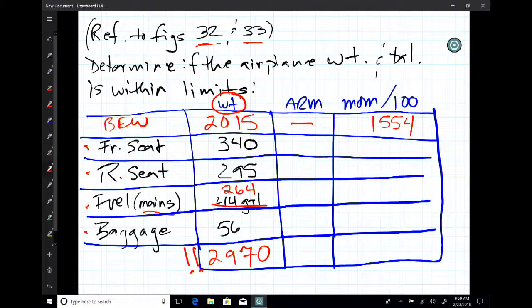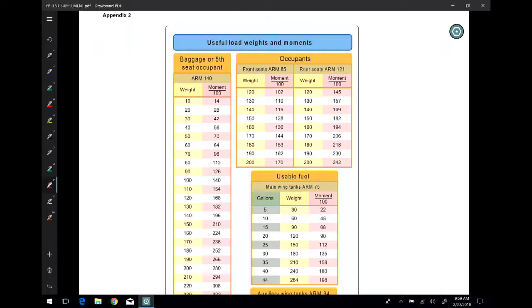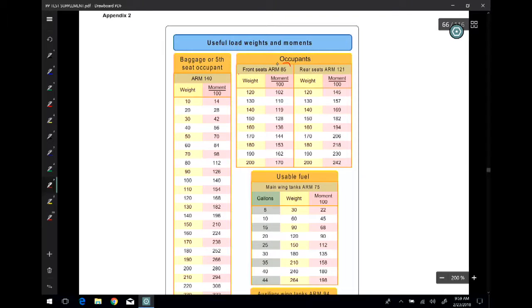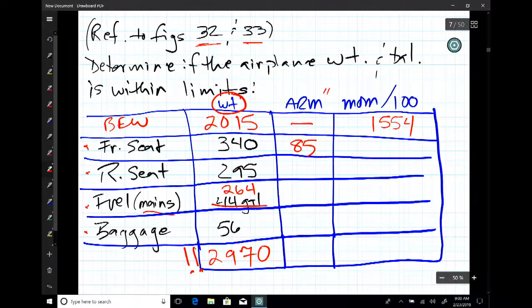So when we look here, the front seat, 340 pounds. We look back over here. Here is the front seat. Notice this, in the front seat, the arm is 85 inches. And so we come over here and put 85 inches in the arm column. Let's look at the rear seat. Rear seat, 295.